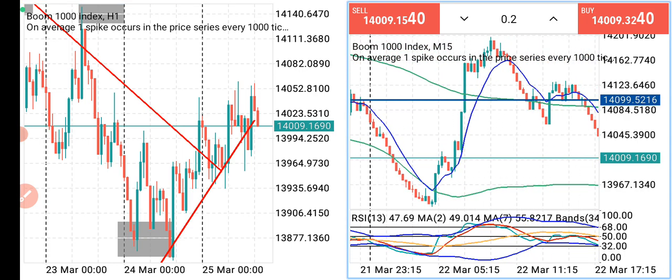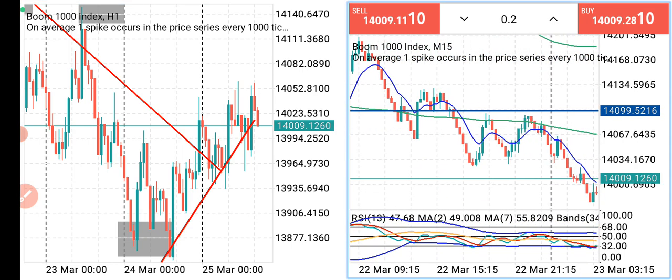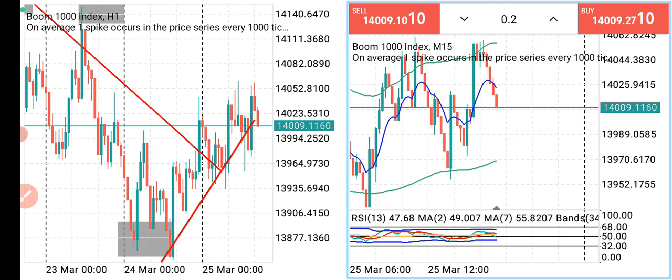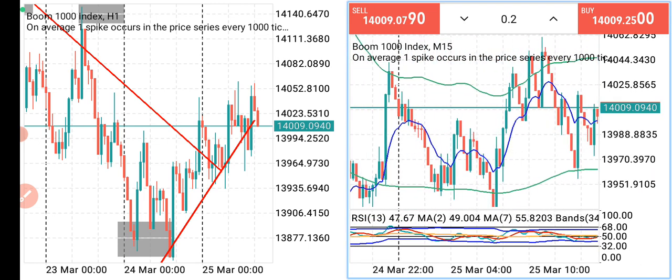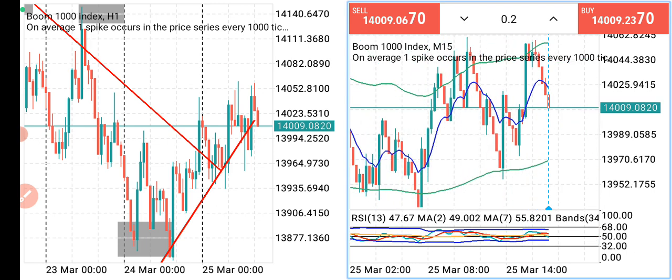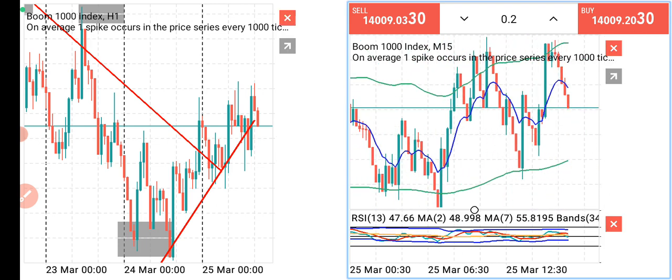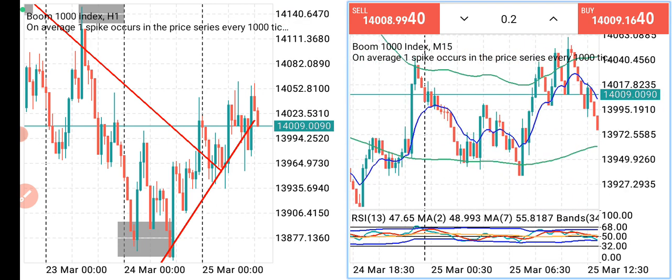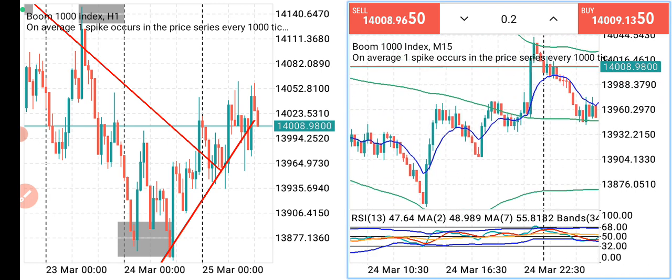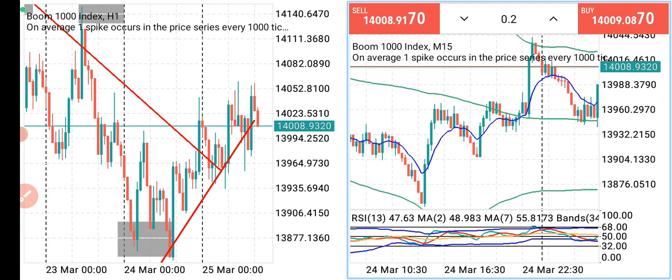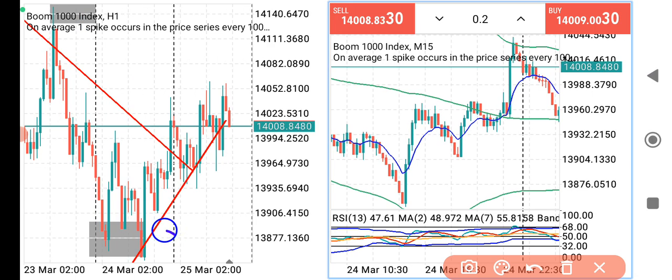And here is that scenario, 24th. I want to bring it up for you to see. Good. Now all of this that begins to happen here is what is happening here.